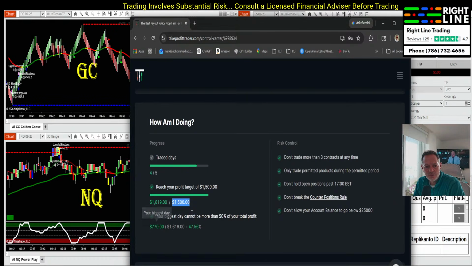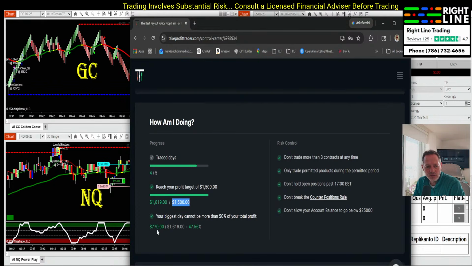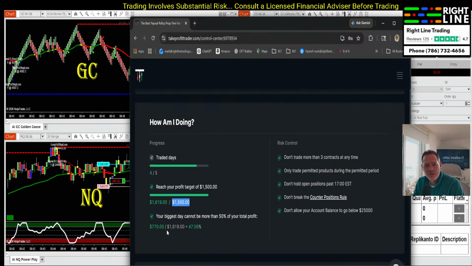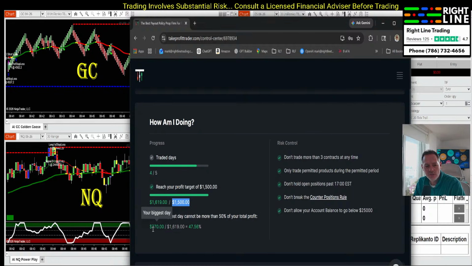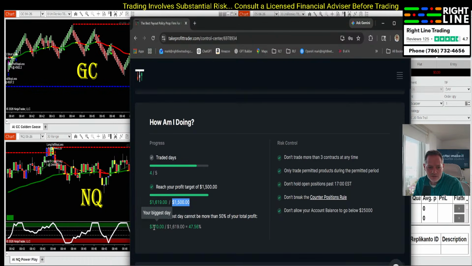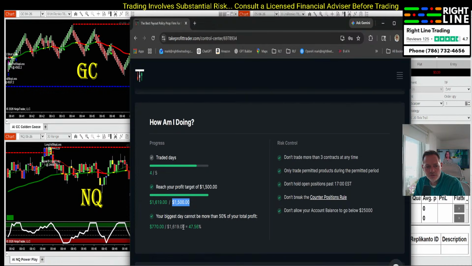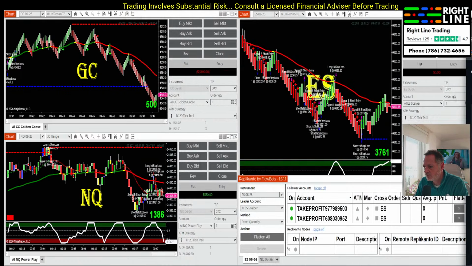So typically if you take 1,500 as your goal, divide it by 2, that says 750 is your daily goal. You can see here I went a little over my 750 daily goal by $20. So now I had to get 1,619 total to pass the evaluation. So that's the way those accounts work.